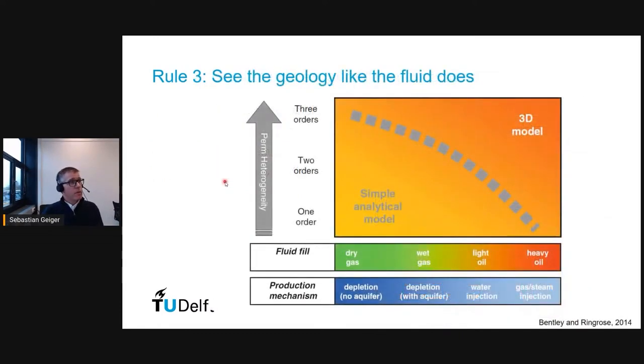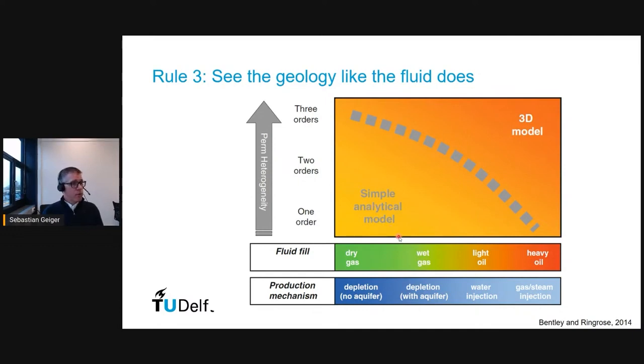And the last thing is, we need to see the geology like the fluid does. So simply put, the same geological heterogeneity can react very differently depending on which fluid is present in the subsurface. So assume what you see is the degree of heterogeneity in terms of permeability, and whether you need to build a more complex 3D model or can get away with simple analytical models.